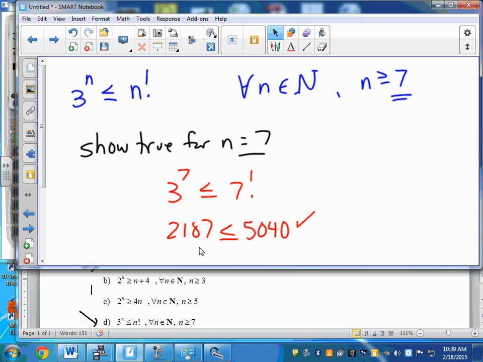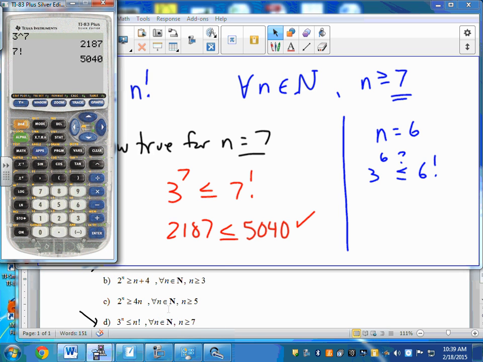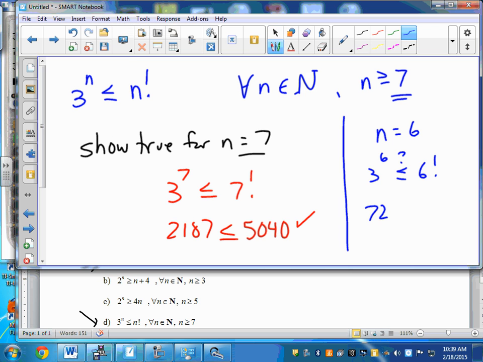And by the by, you might want to note that if you actually tried n is equal to 6, I don't think this will work. So is 3 to the 6th less than or equal to 6 factorial? Well, the calculator again comes in handy. 3 to the 6th is 729, and is that less than or equal to 6 factorial?